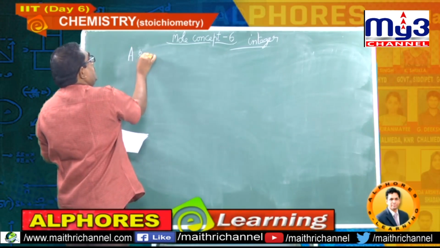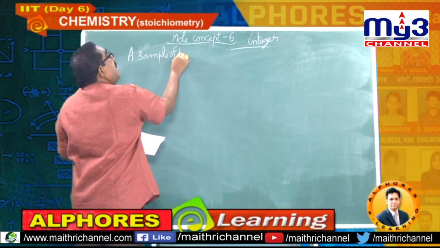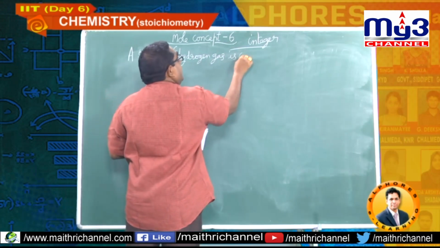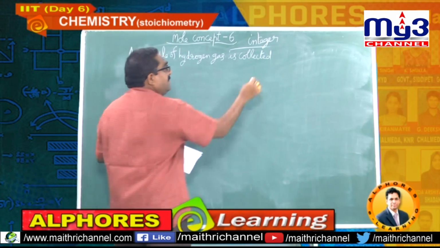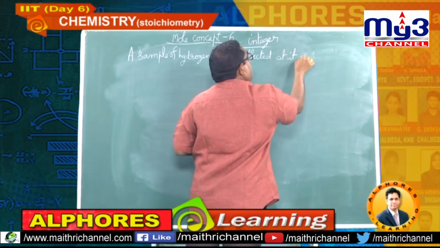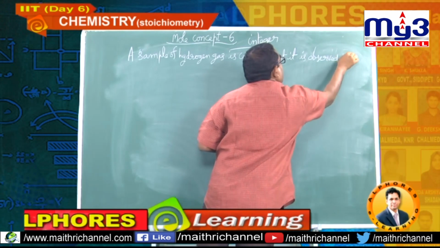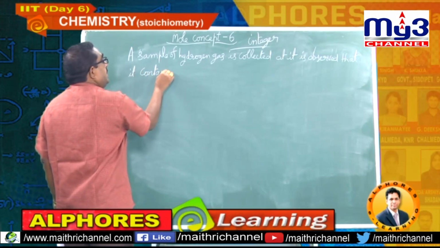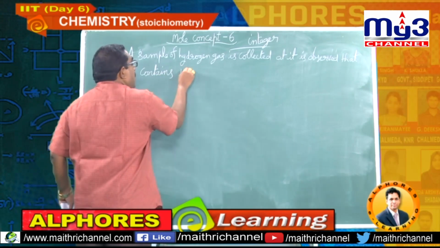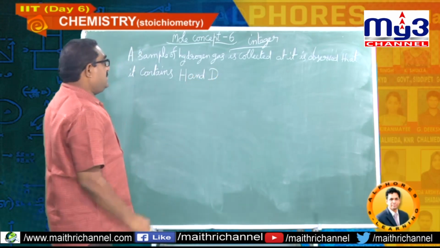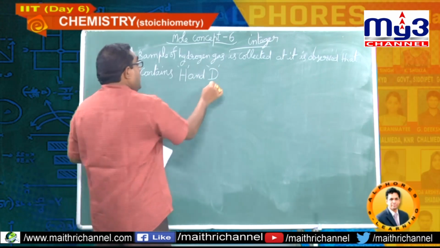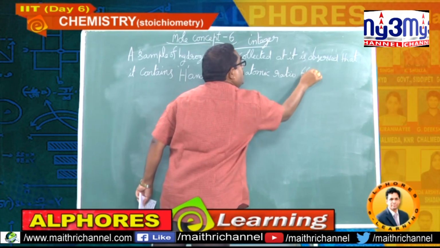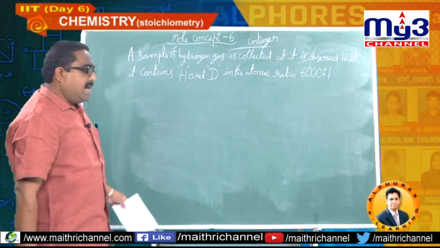Write down, students. A sample of hydrogen gas is collected, yet it is observed that, write down, it contains hydrogen and deuterium in the atomic ratio 6000 is to 1.